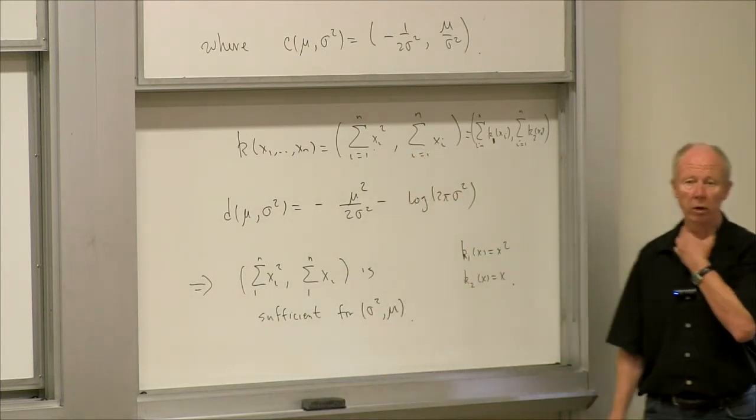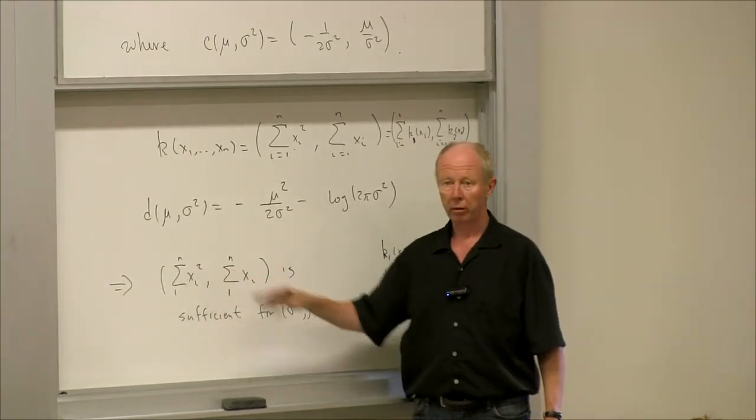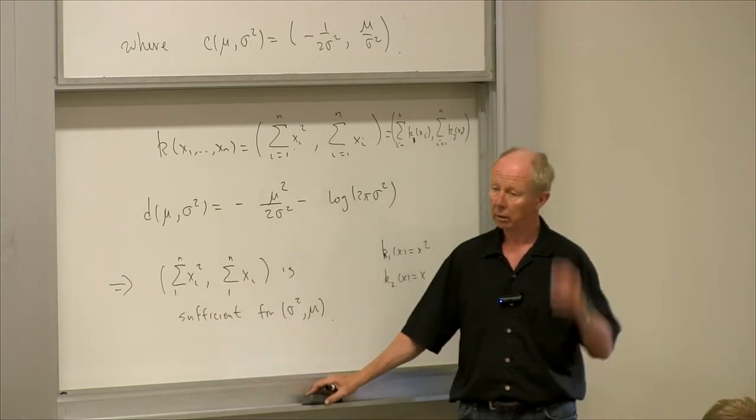In other words, there's no more information in the data to be had about these two parameters than in this pair of functions of the data. Can't get any more information out of the data than that.